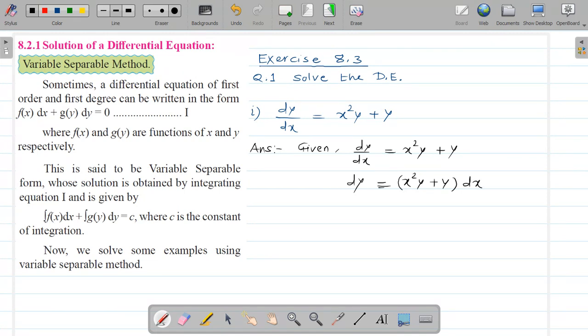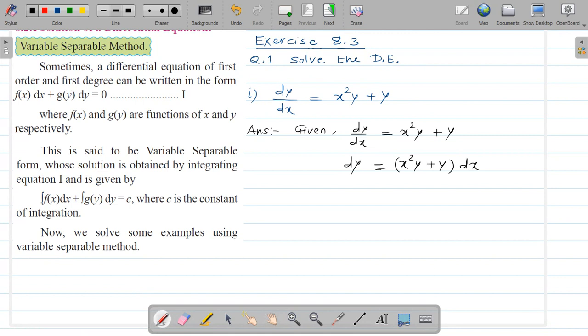As dy and dx are now on the numerator sides, the position of the variables y and x is fixed, because y should be on the left hand side and x on the right hand side, remember. So for that we will modify here. In this bracket there is y common, so in the bracket it is x square plus 1, dx.